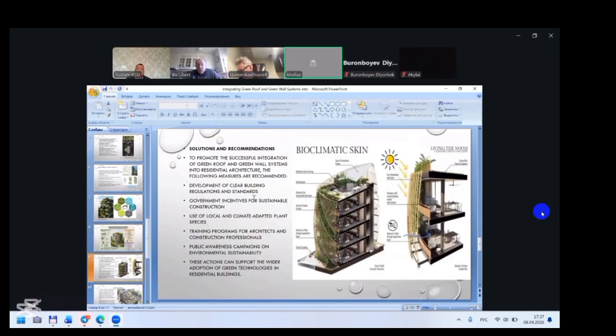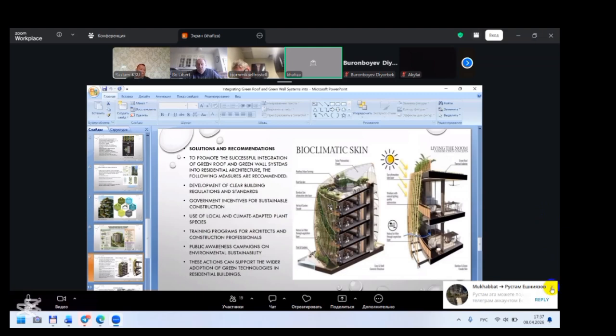The next slide is solutions and recommendations to promote the successful integration of green roof and green wall systems into residential architecture.